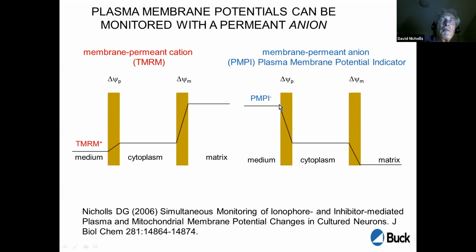It's expelled by a polarized plasma membrane potential and has a snowball's chance in hell of getting into the mitochondrial matrix with its high membrane potential. So if one can simultaneously measure the distribution of TMRM and PMPI in non-quench mode, then you can estimate the plasma and mitochondrial membrane potentials. And Akosh has refined this greatly into a really quantitative analysis.